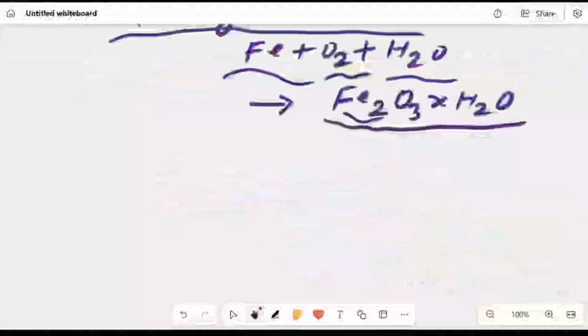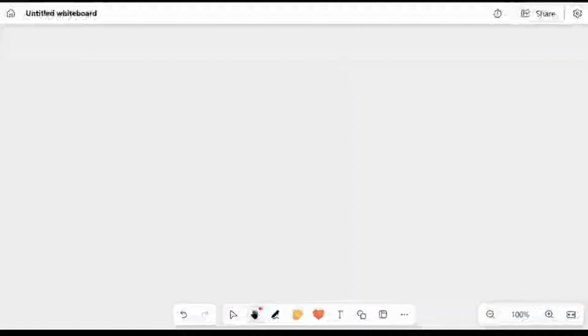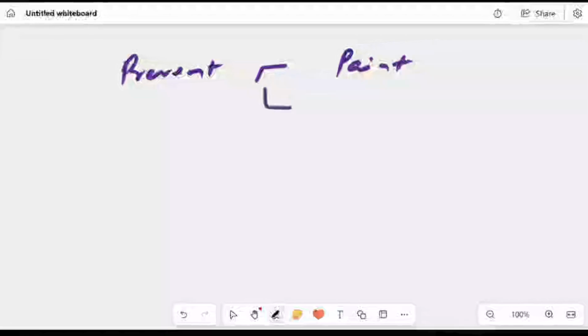Now, how can we prevent this rusting of iron? We can prevent it by doing certain things. If we paint the metal, this substance made up of iron, we can prevent corrosion.